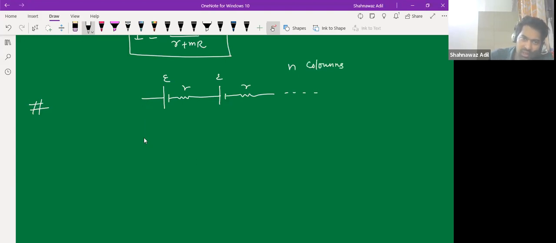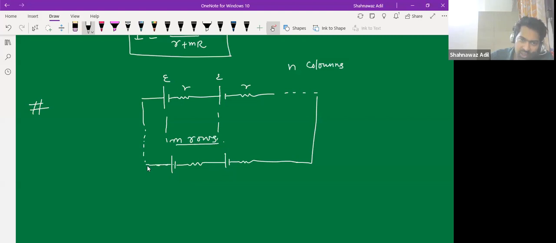And then you have the same m rows. So you have m rows, right? Then what will be the equivalent EMF and what would be the current, right? So let us solve this.